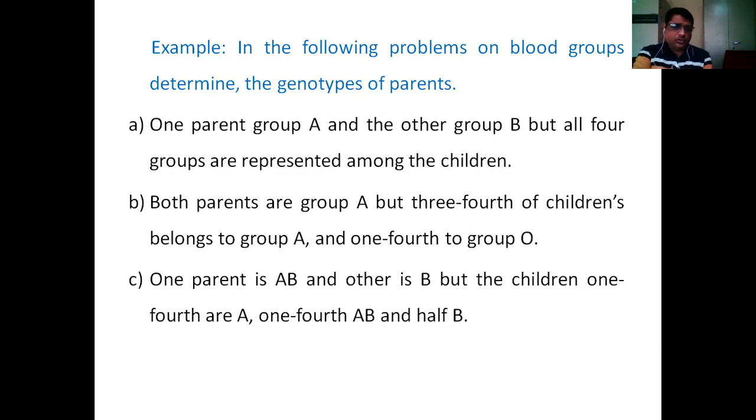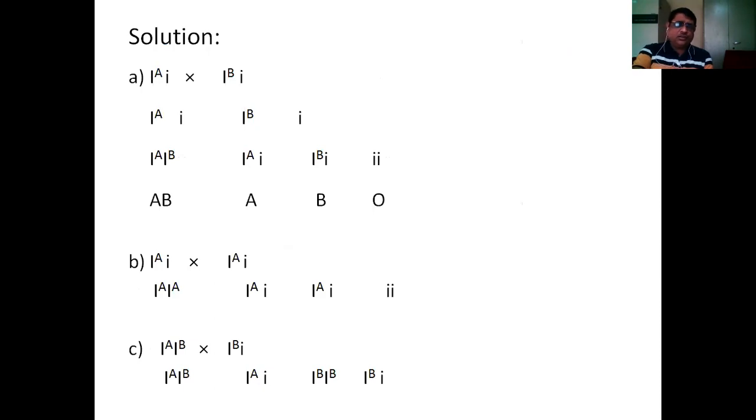So in this way, 3/4 of the children will belong to blood group A and 1/4 to blood group O. The next condition is one parent is AB and the other is B, but of the children 1/4 are A, 1/4 are AB and half are B. For this situation, the genotypes of the parents will be IAIB and IBi.